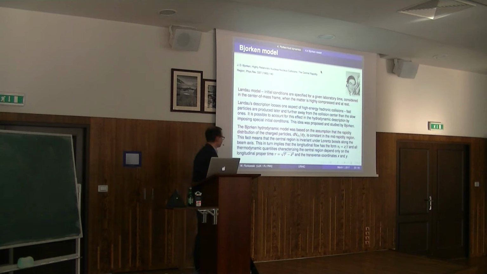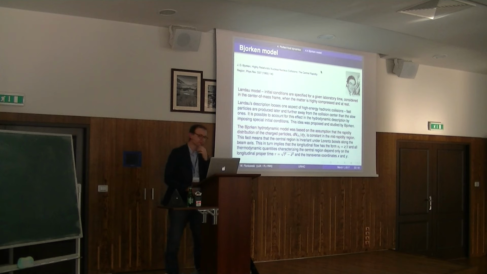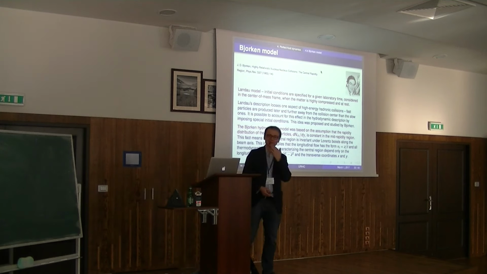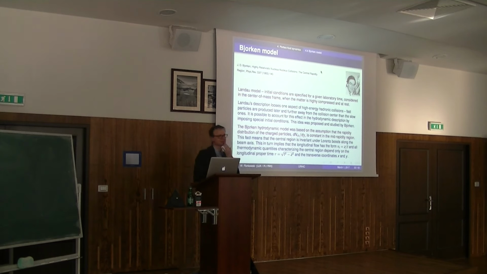Okay, on the other side we have the Bjorken model. Actually, I should have written that the Bjorken model was also invented by other physicists, including Rudi Hwa, and I think also Gorenstein and Sinyukov. The idea is to use concepts of boost invariance.